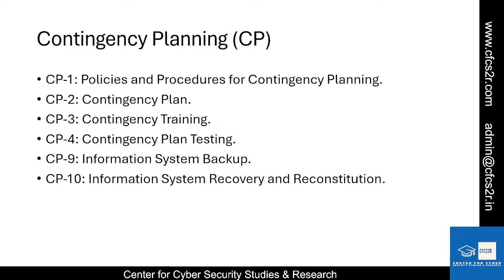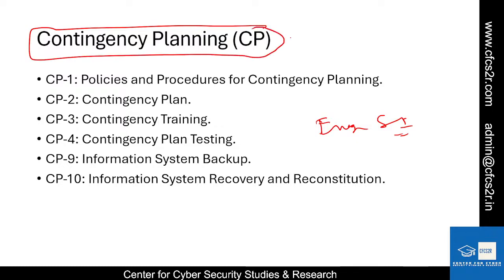So this contingency plan is basically used during emergency situations. If the organization is under some emergency situation, then these contingency plans should be activated, and you should embed them in the entire supply chain, so that the entire supply chain incorporates all these contingency plans.